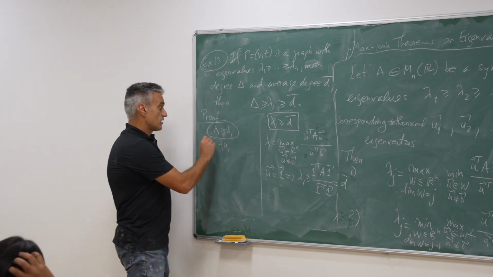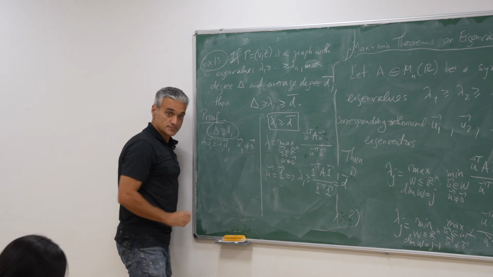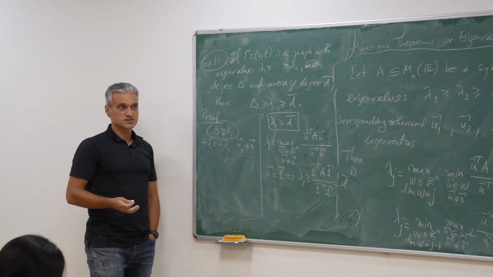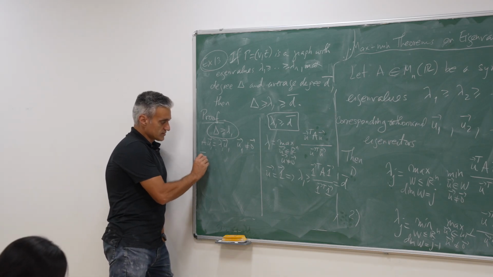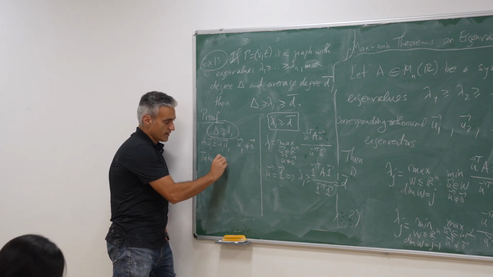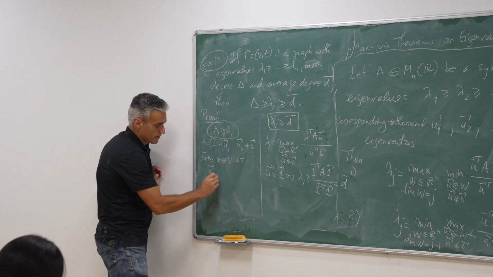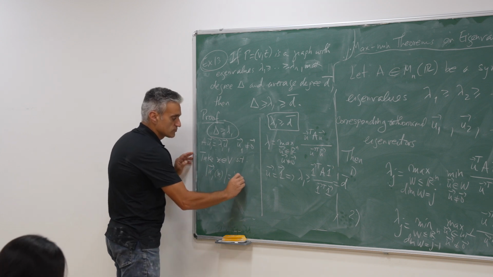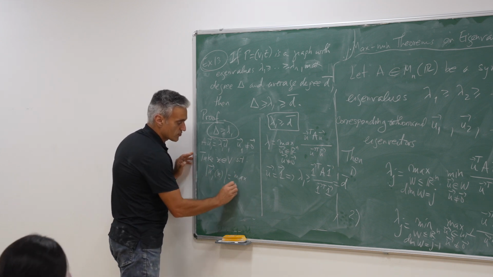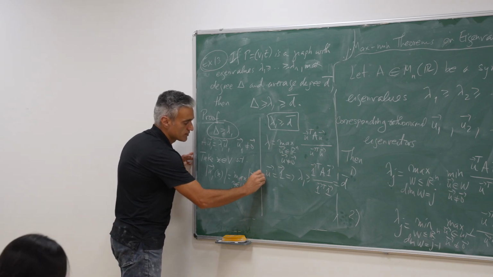But I have that U1 is not 0, so there's some entry which is not 0. Now what I can do is take x in V such that U1 at x, in absolute value, is the maximum over all y in V of U1 at y in absolute value.